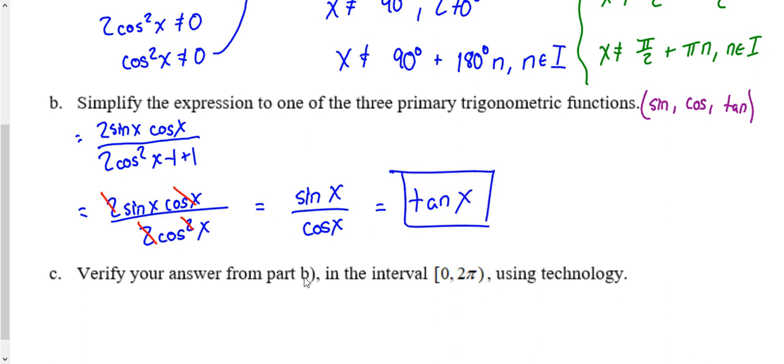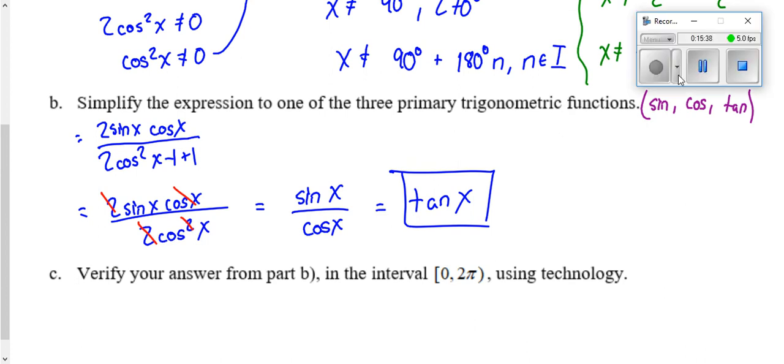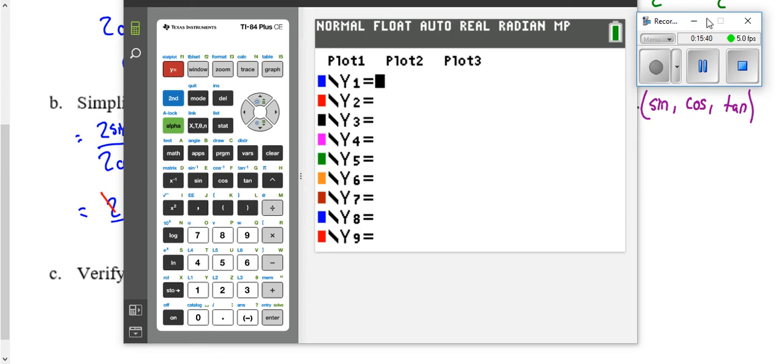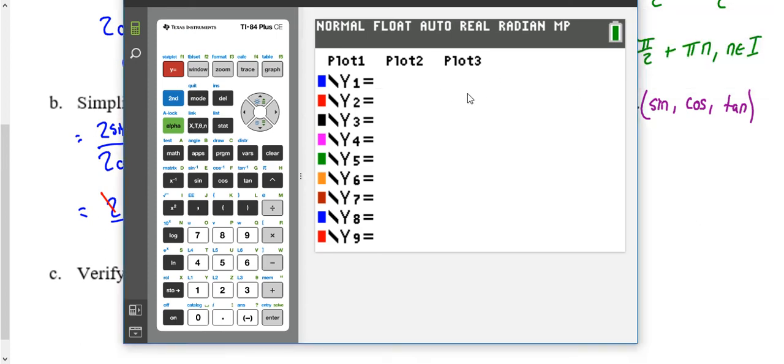Verify your answer from part B in the interval between 0 and 2 pi using technology. So in this case, it's asking us to verify using radians. So let's go to our graphing calculator right away. I just loaded up my graphing calculator. I'm going to type in y1, y2. y1 is going to be the original expression, y2 is going to be our tangent x.